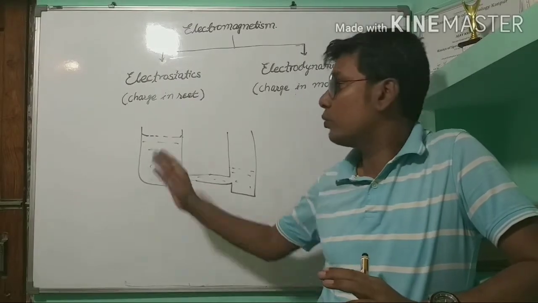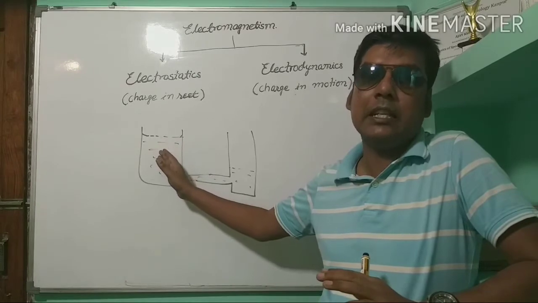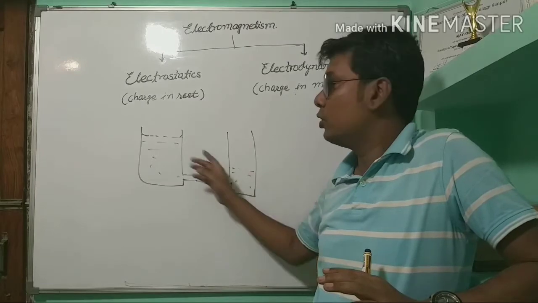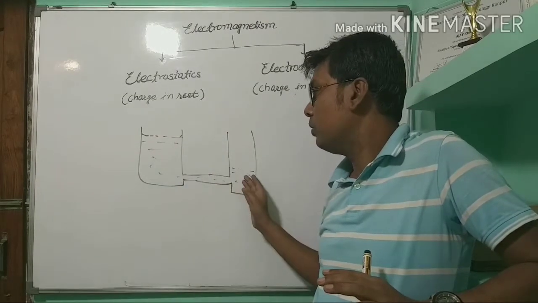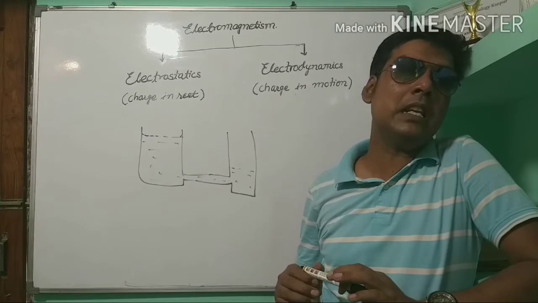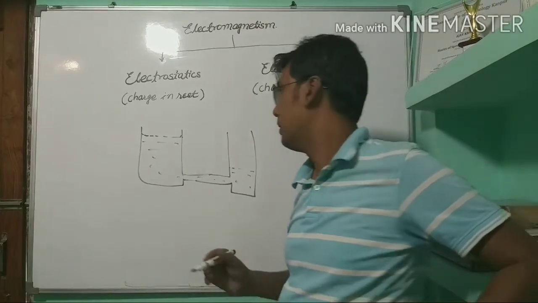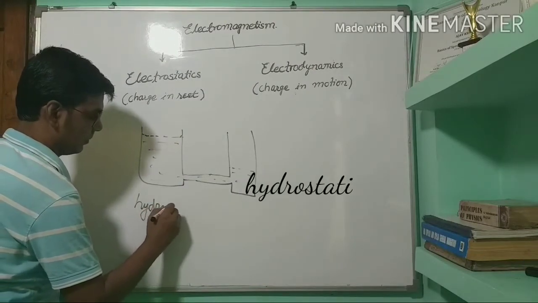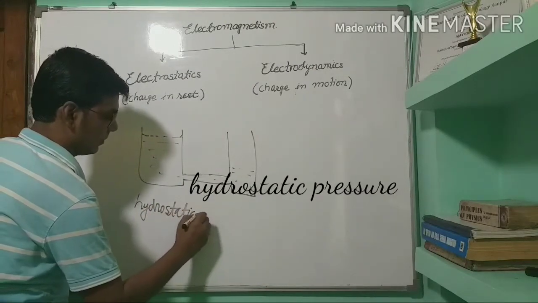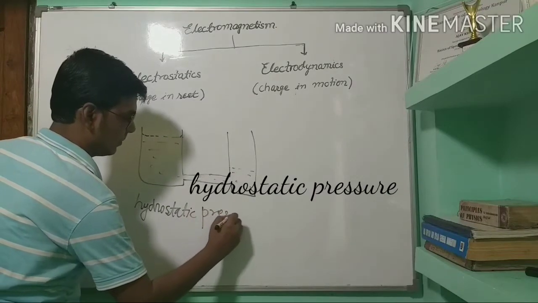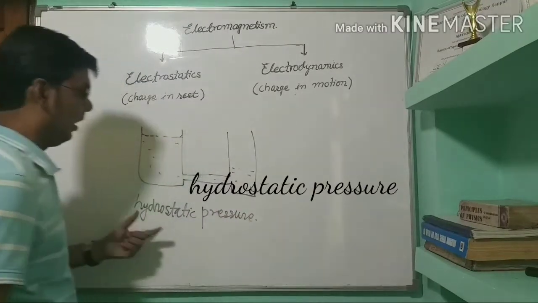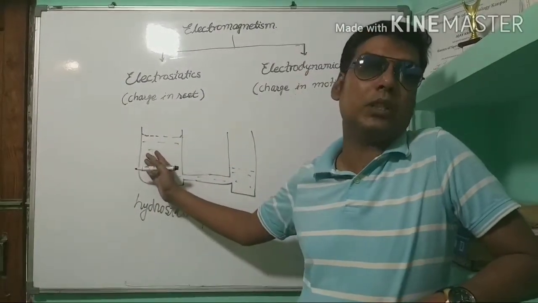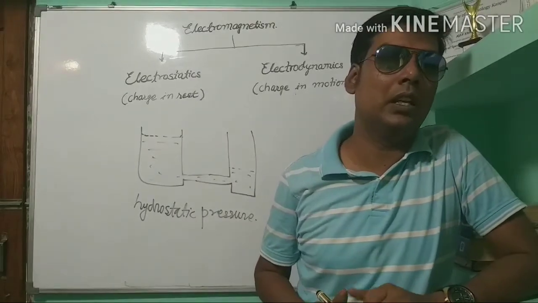So water will flow from the vessel containing water at a higher level to the vessel containing water at a lower level. So water will flow from higher level to lower level due to the difference in hydrostatic pressure. Due to this difference in hydrostatic pressure, water flows from a higher potential to a lower potential.